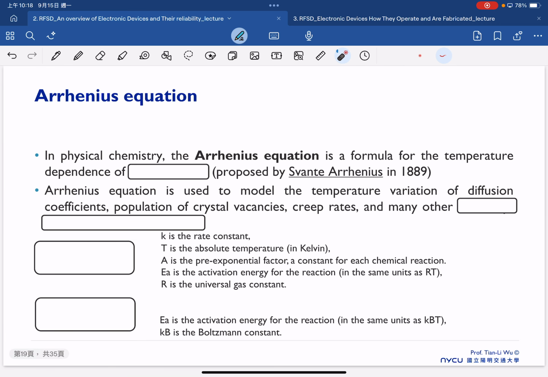So finally, we can conclude that we can follow the same concept, and in the field of physical chemistry, we call this the Arrhenius equation, which is a formula of the temperature dependency of the reaction rate.